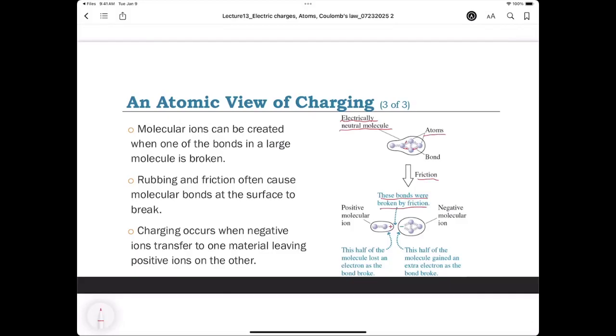So this half of the molecule lost an electron as the bond broke, so it will become a positive molecular ion.